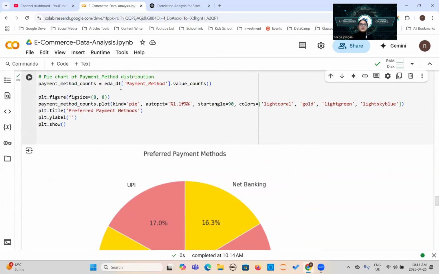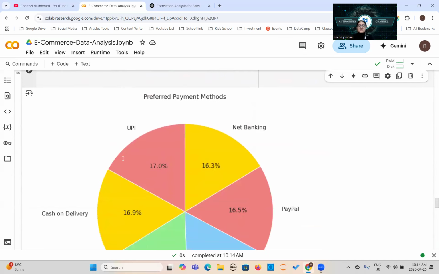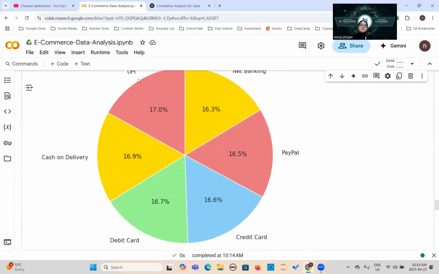Okay, here we are just using the payment method. This is a univariate distribution. We are not looking at the purchase amount here. The above one was with the purchase amount, a comparison. Here, if you look at it individually, which payment method is used most of the time, that is your UPI, then cash on delivery.